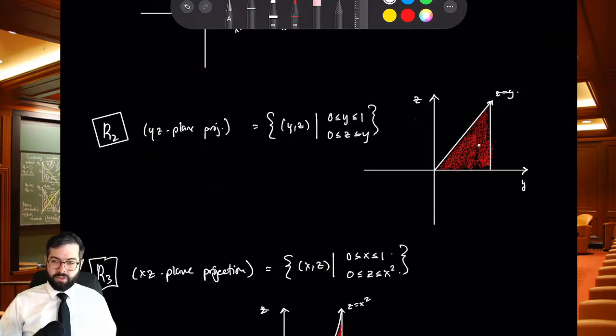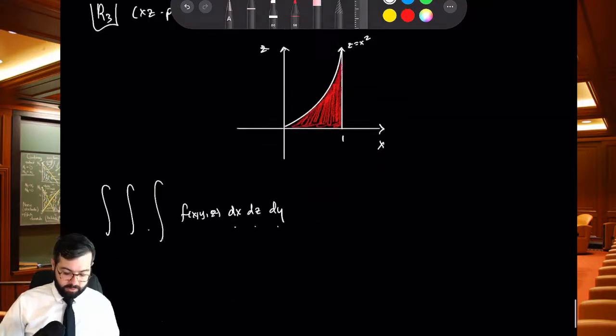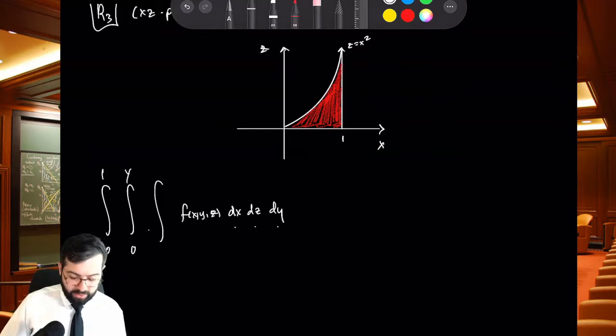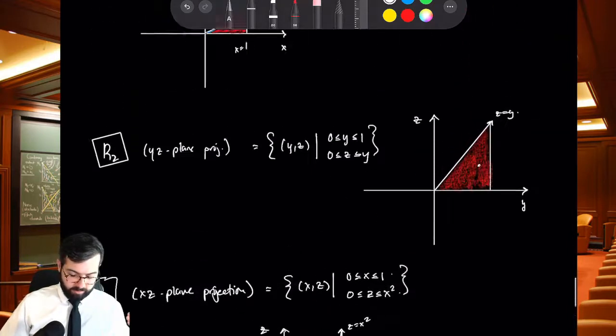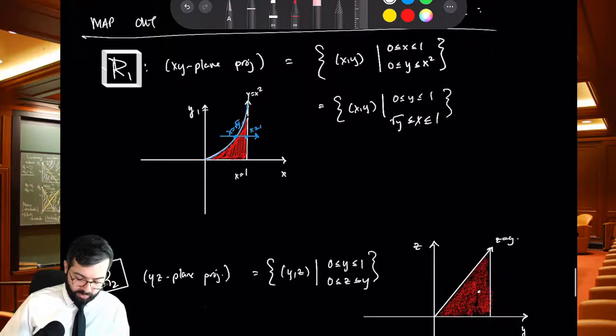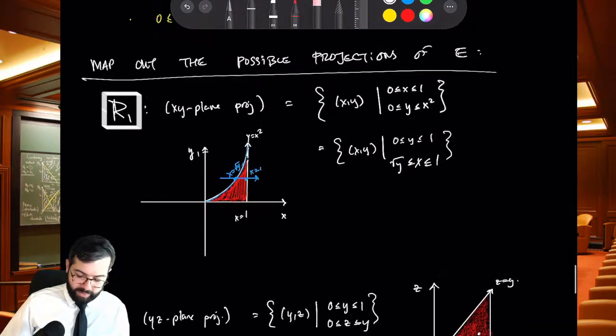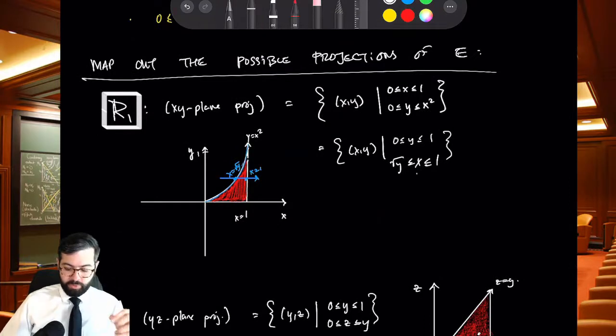So that means y varies between 0 and 1. Z varies between 0 and y. And then we're going to need our x limits that are in terms of y and z. So what is that? Well, we know x varies between radical y and 1.